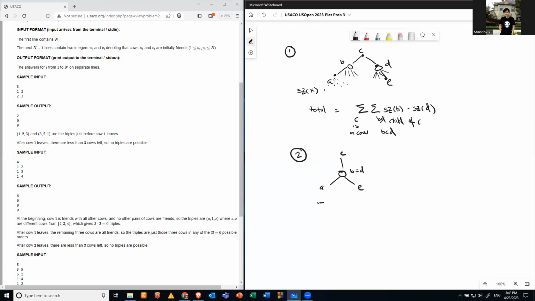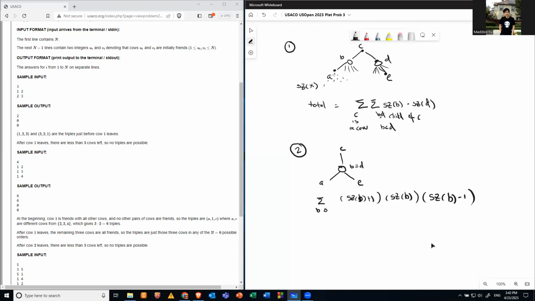So you take the sum over B, which is one of those relationship nodes, of size of B plus 1 times size of B, then times size of B minus 1.